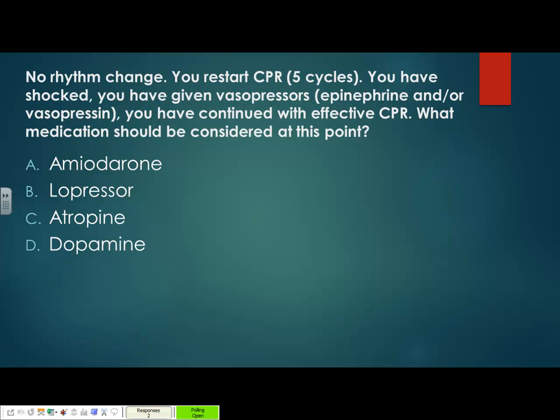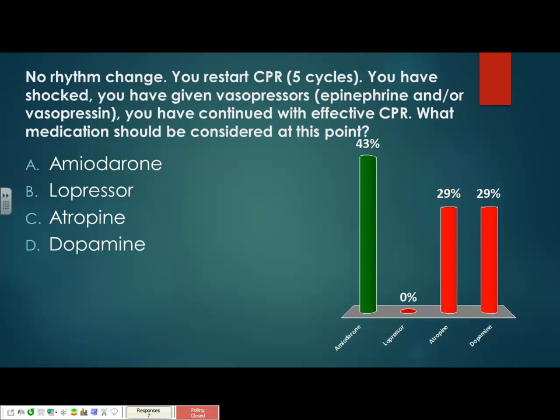So if you can break them down and think about what drugs are in each algorithm, then you would know that 3 of the drugs listed here are not in the VFib VTach arrest algorithm. Amiodarone.